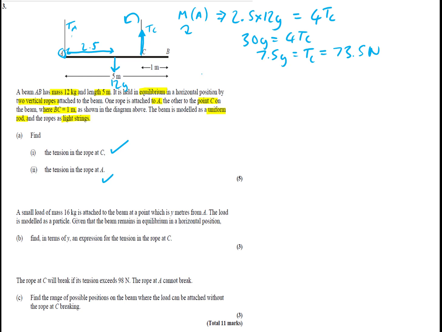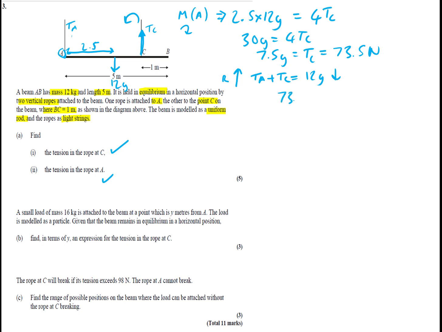Now, remember in the past, we said let's resolve vertically, because then we know TA plus TC equals 12G. The downwards. 12G is the downwards, right? Now, because we've got TC already, we can do this.